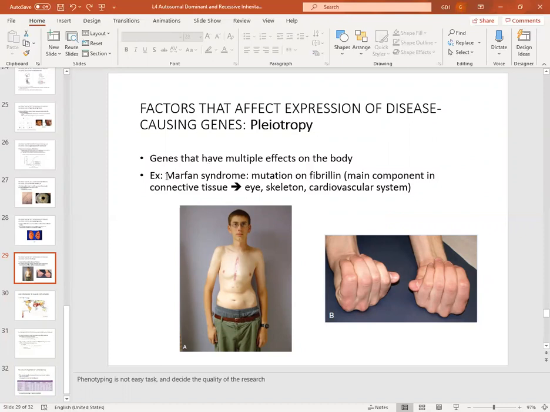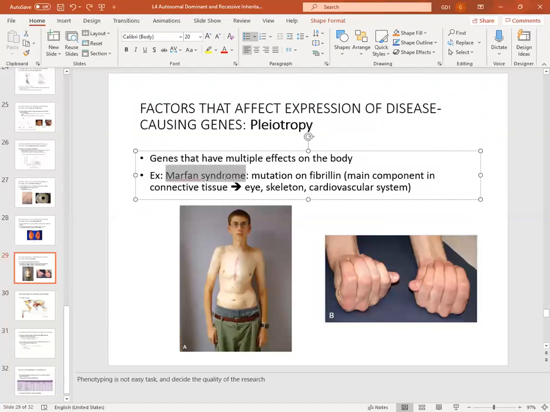One example is Marfan syndrome here. We have a mutation in this protein, the main component in connective tissue. You see that the limbs and tissue of this boy are kind of stretchable, longer than normal and very flexible, so they are not strong enough to maintain a fixed body for the boy.